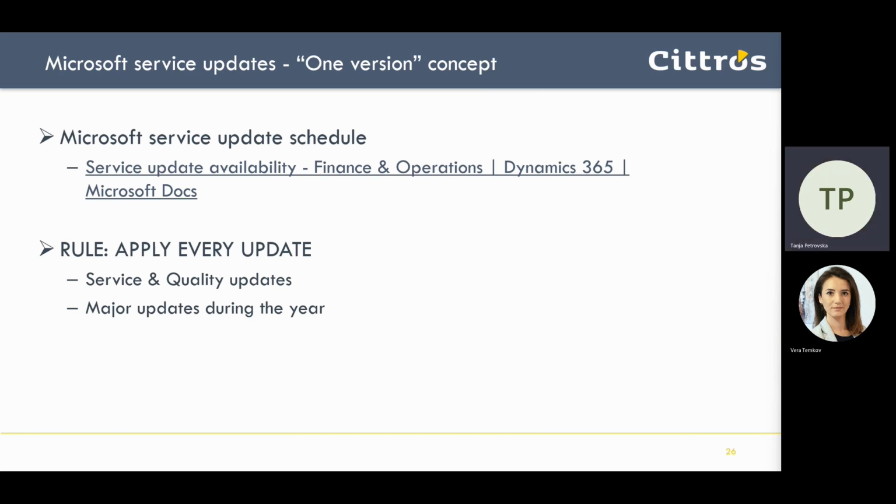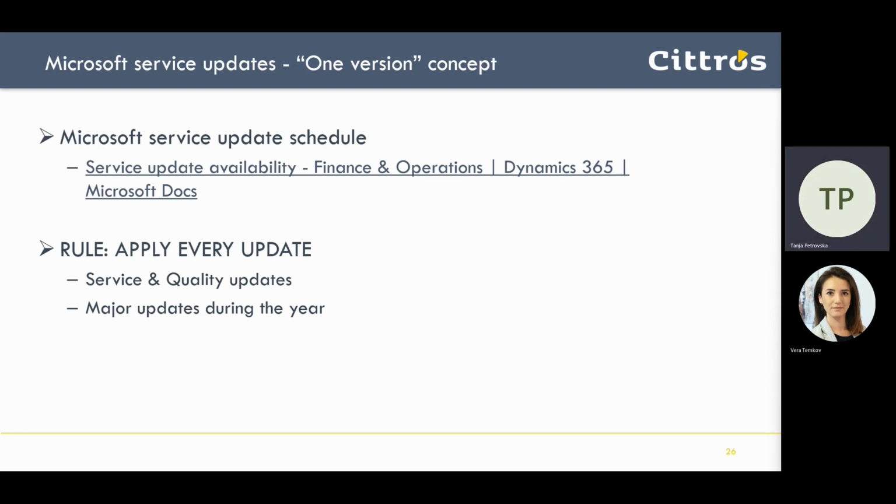You can plan when you need to apply these updates by referring to the Microsoft release schedule. You need to apply every update because, through continuous update, Microsoft is providing both improved reliability to existing functionalities and also new features to your environment.